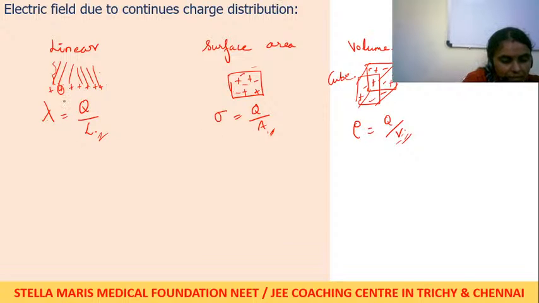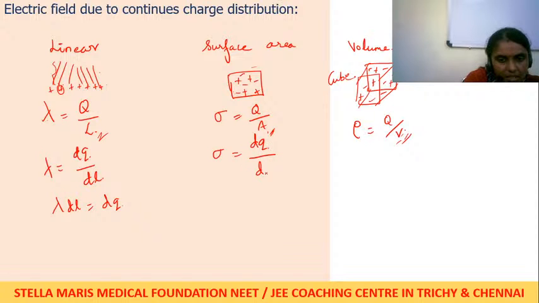When we differentiate this one, we get lambda equal to dq by dl, so lambda dl will be equal to dq. In the same way, sigma will be equal to dq by dA, so sigma dA will be equal to dq.